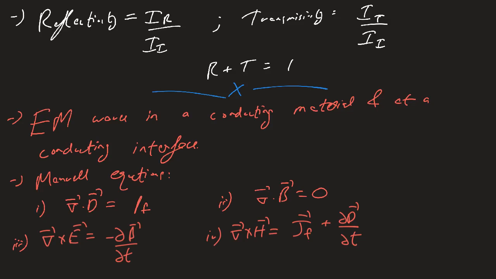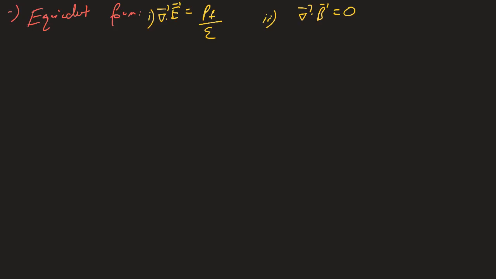So if I write down an equivalent form of the Maxwell equations, I'll be very pedantic about this because this is the starting point. I just want to make sure that we all agree on the starting point and we understand what we're talking about. So the equivalent form would be that del dot E is equal to the total free charge over epsilon. This is equation 1. Equation 2 would be that it's still the same, del dot B is equal to 0.